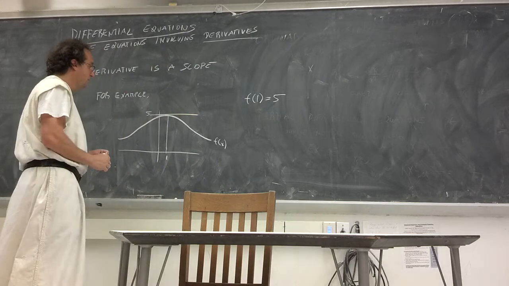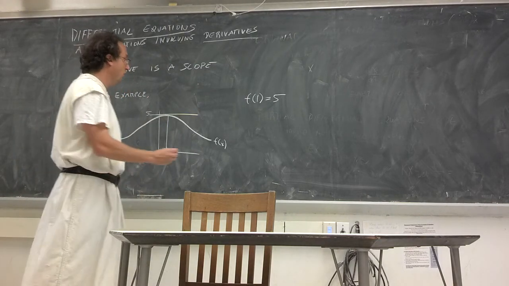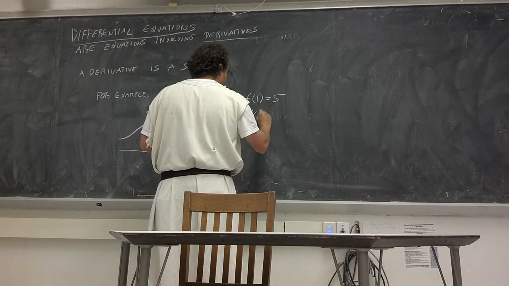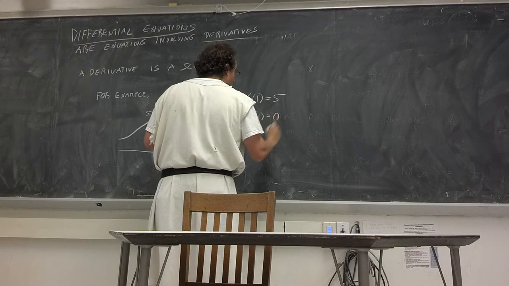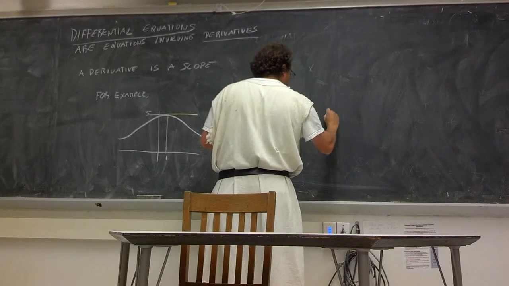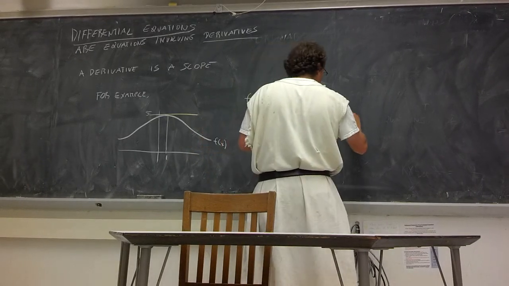The slope is flat, so at that point the slope, and this is how we write the derivative, is zero. This is the slope, or derivative.